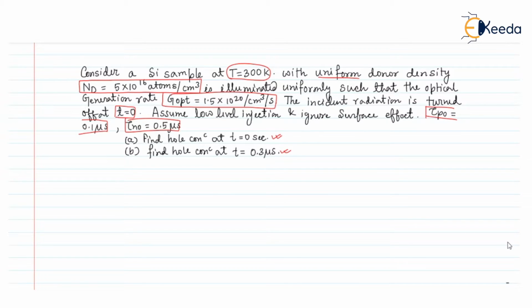microsecond. So for case 1, it is given that the donor concentration value Nd is equal to 5 into 10 to the power 16 per centimeter cube. And it is also given that the generation rate due to the optical energy is G optical, 1.5 into 10 to the power 20 per centimeter cube per second.